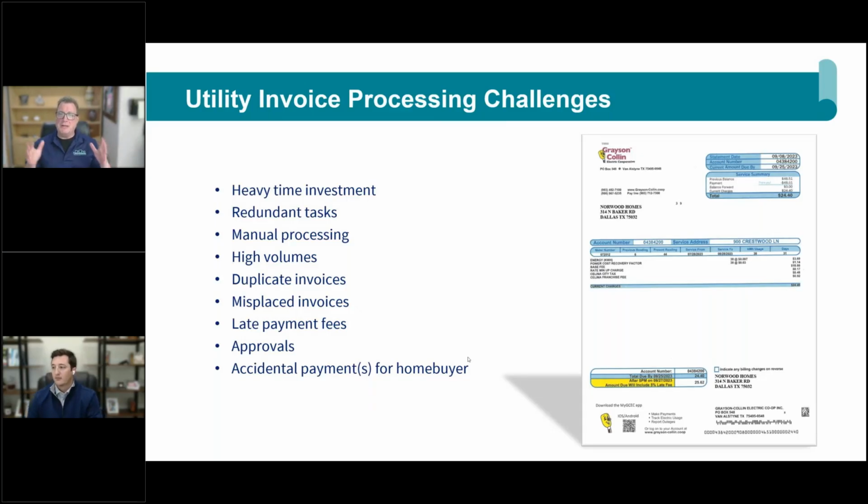So when the home buyer takes responsibility for paying the utilities, it's a good thing not to pay them on their behalf. So you wrap all of that up. That's why this was so important to Randall and Greenbrick to really look at and challenge us in a way to how can we do this in a low or no touch model. And that's what we'll see a little bit here as we go forward.